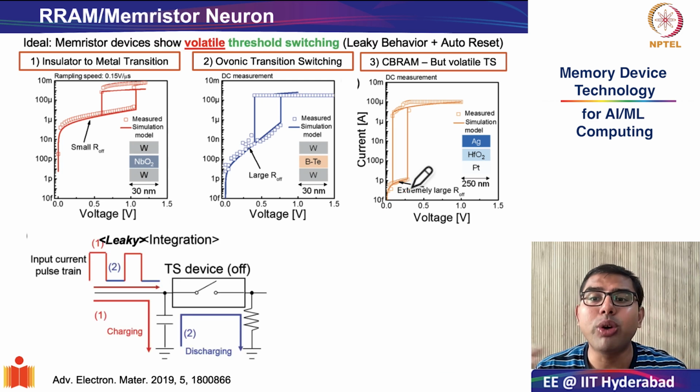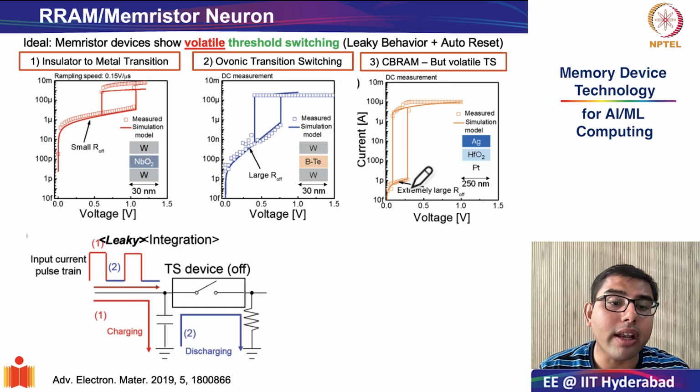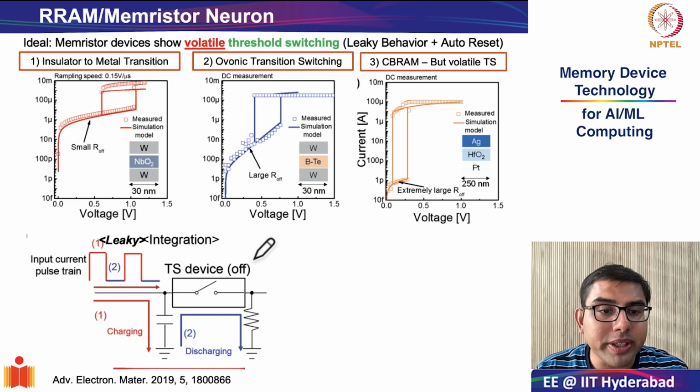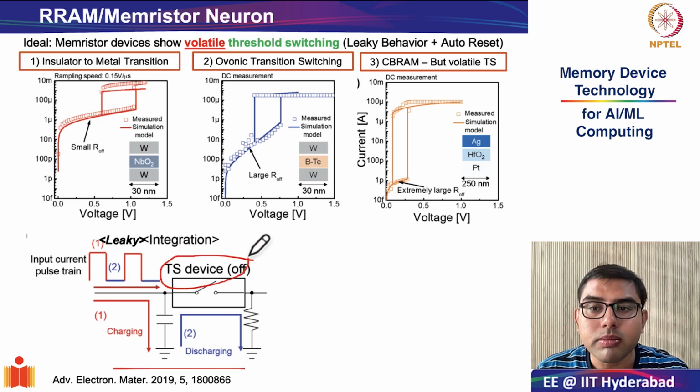Next, let us try to understand how these threshold switching devices are used to implement a full-scale integrate and fire cycle. This neuron circuit, as you can see over here, consists of just 3 elements: your threshold switching device, a capacitor which mimics the membrane capacitor, and an output resistor R out.